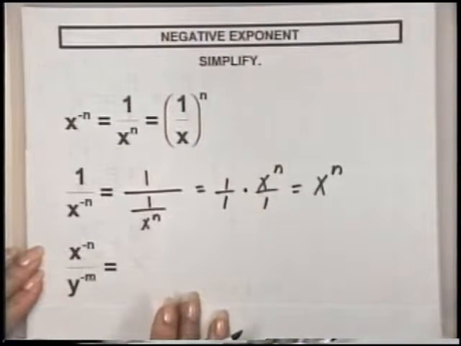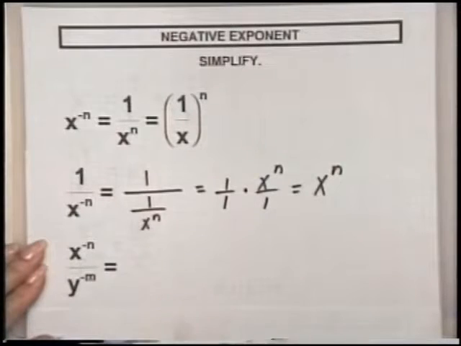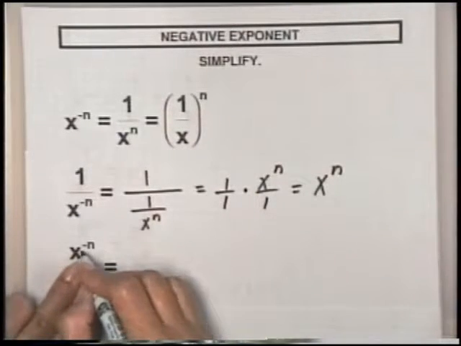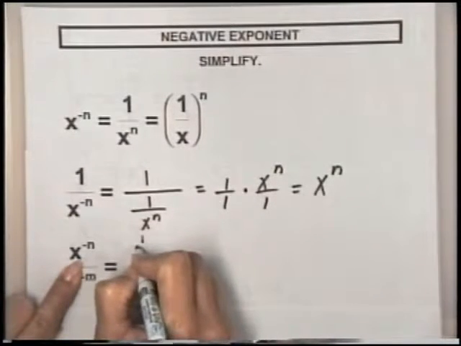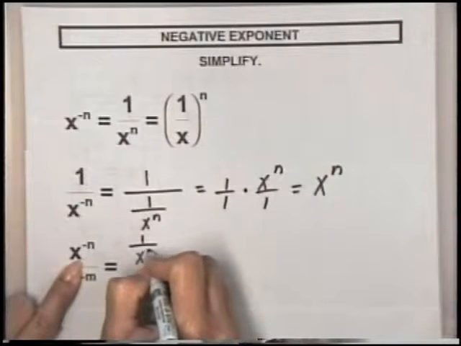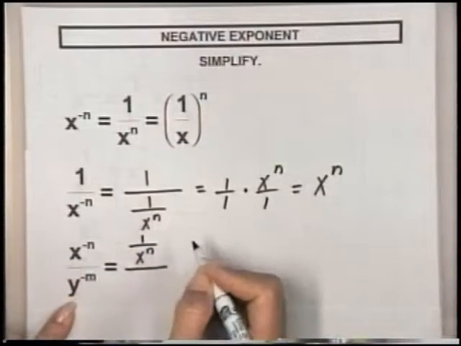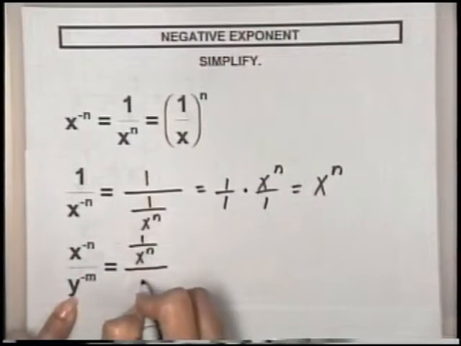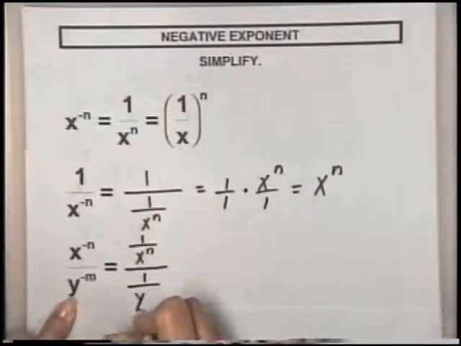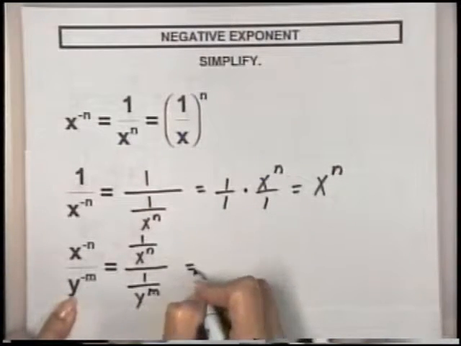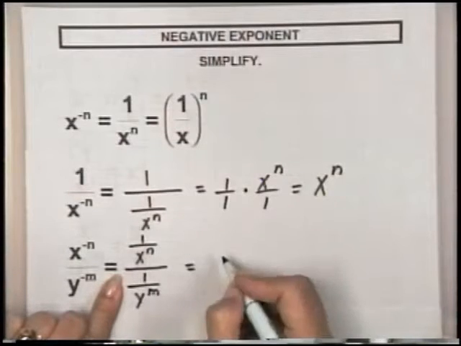Now, let's see what we can come up with for x to the negative n over y to the negative m. I know that x to the negative n is 1 over x to the n. I know that y to the negative m is 1 over y to the m.